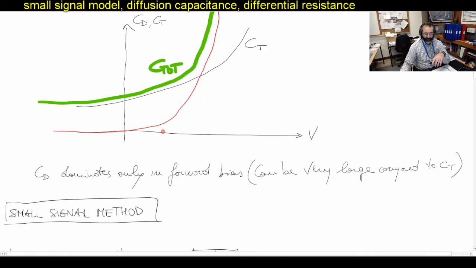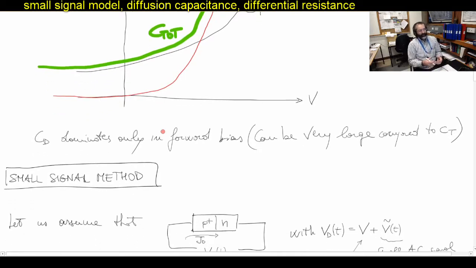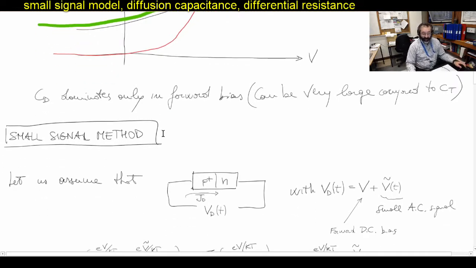So let us have a look at how we could find out the diffusion capacitance. We demonstrate how much it is by using the small signal method in its most fundamental approach, the one we used in chapter 1 when we explained what the small signal method is.